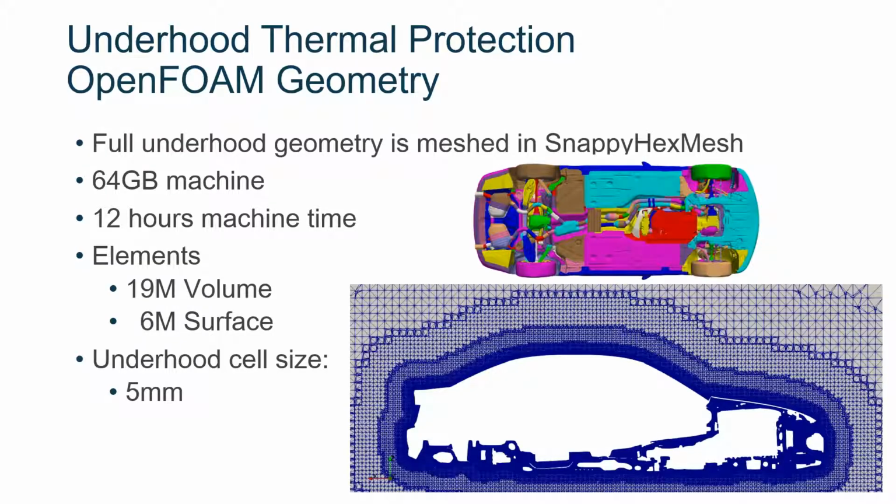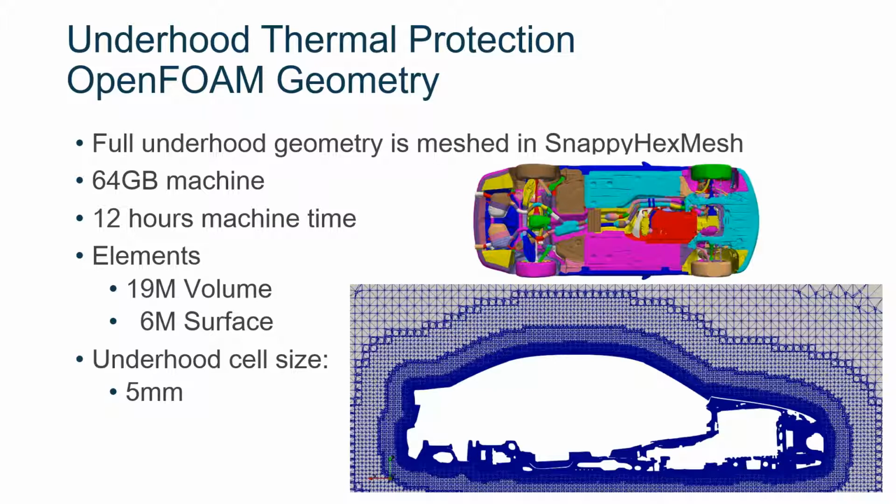The OpenFOAM setup is what you see here for the geometry. We have a very detailed underhood, which is meshed in snappyHexMesh, which is basically a wrapper that comes with OpenFOAM. It's meshed on a 64 gigabyte machine.